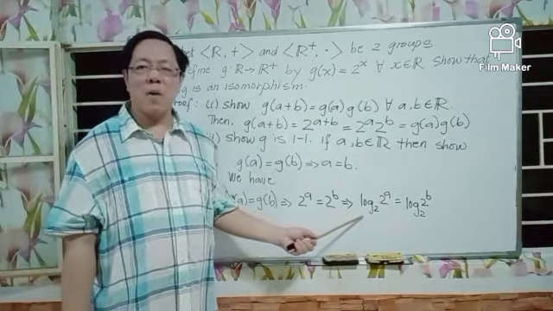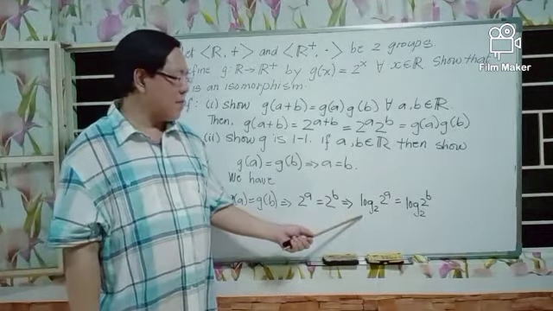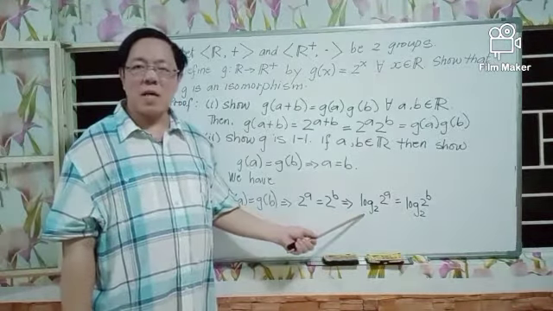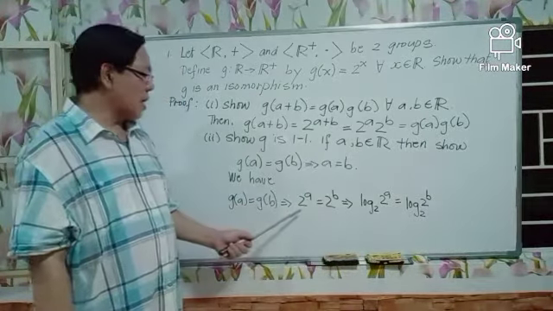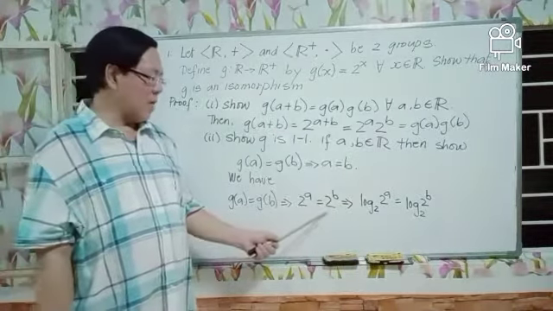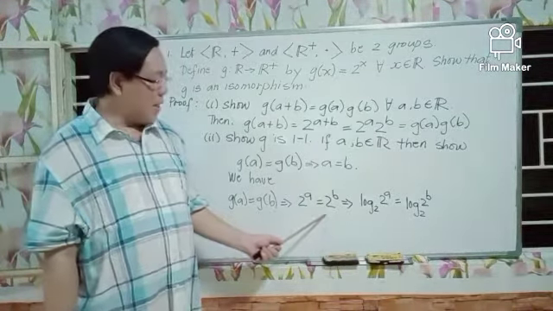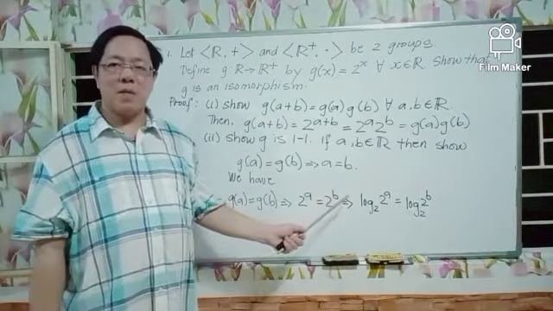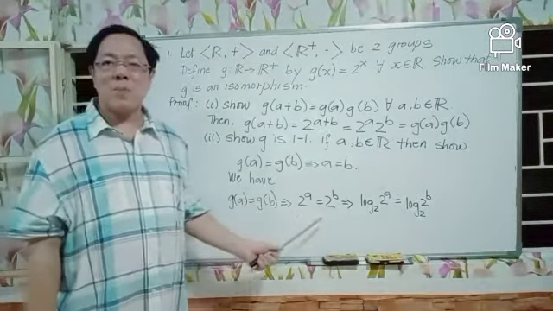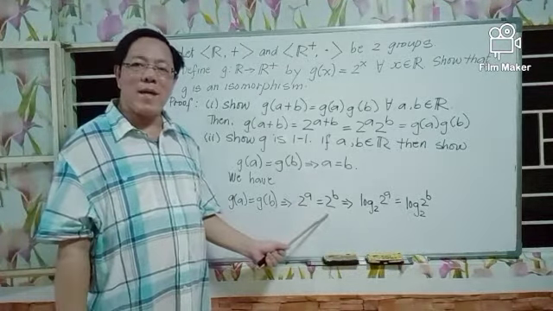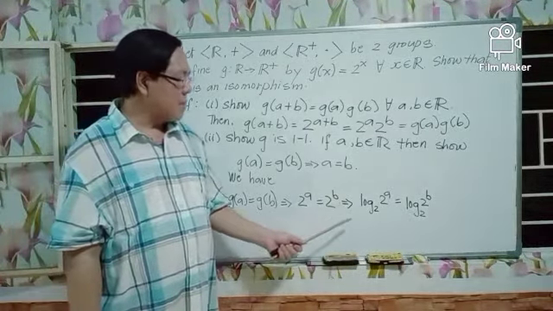Here we apply one of the properties of logarithm. You can also take the natural logarithm of both sides. If you take the natural logarithm of both sides, you get ln of 2 to the power a equals ln of 2 to the power b.